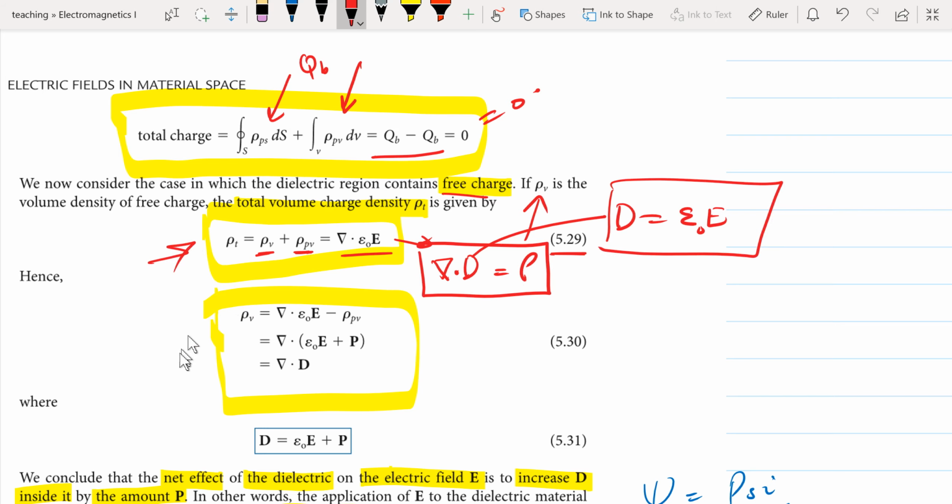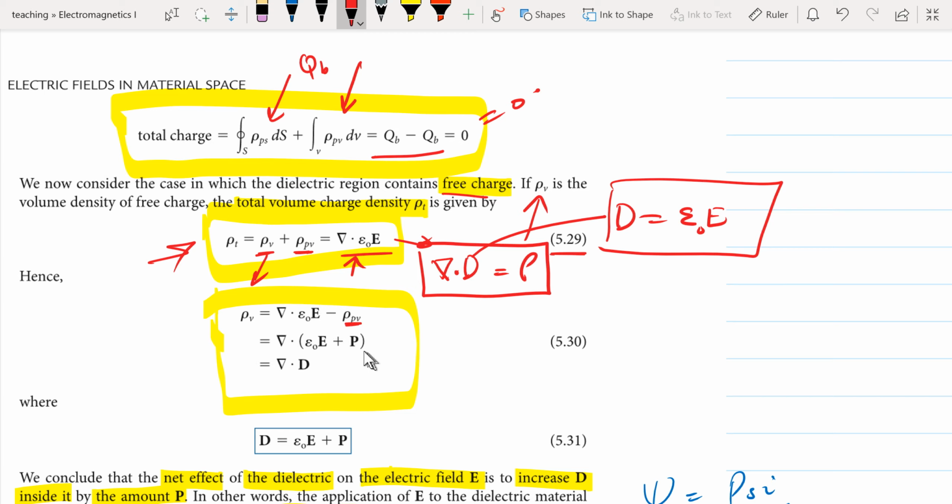And hence, from this equation, we can try to evaluate the free volume charge density as this value minus the one that is bound.